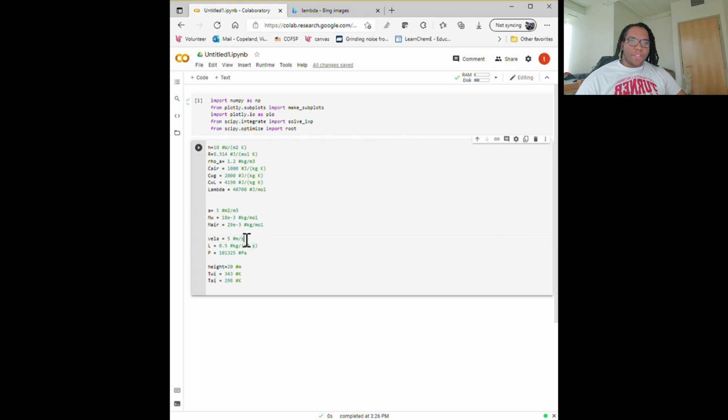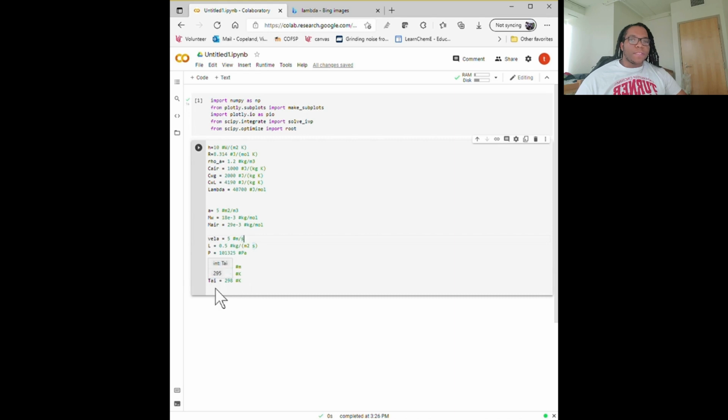So I have our heat transfer coefficient, our R value, our gas constant, our density of our air here. We have the specific heats here. We have our heat of vaporization here. We have our specific area, and then our molecular weights here. This is of water and this is of air.